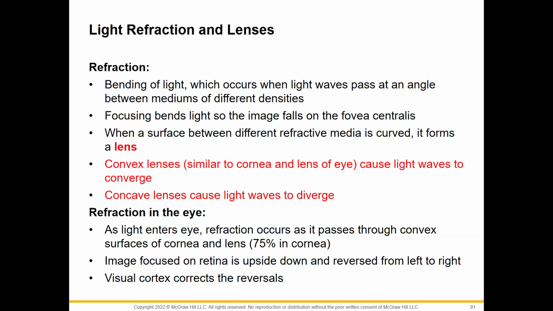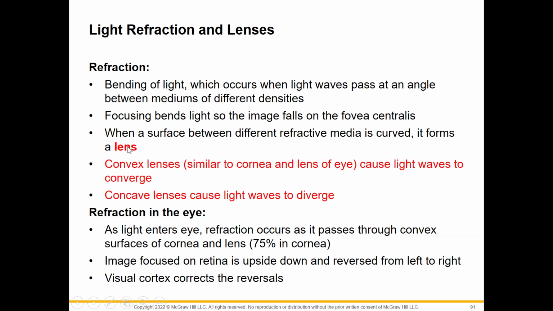That is what converge means. Make sure you look up the word converge so that you know for yourself. And then a concave lens is one that is not poking out, it's pushing in. It is a curve that goes inward. When a light wave hits it, instead of all of the light coming together, because of the shape, the light rays disperse and diverge. So: convex lens, concave lens.